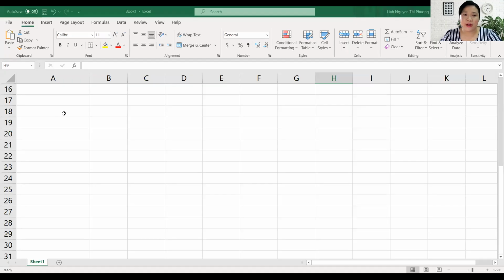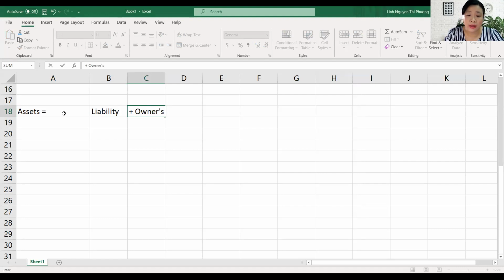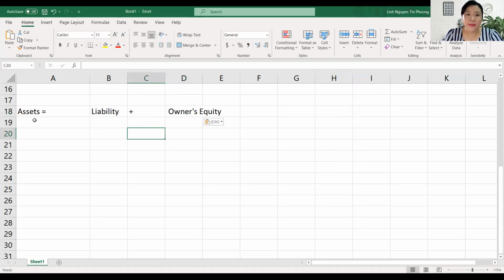I can write down here: assets equal liabilities plus owner's equity.